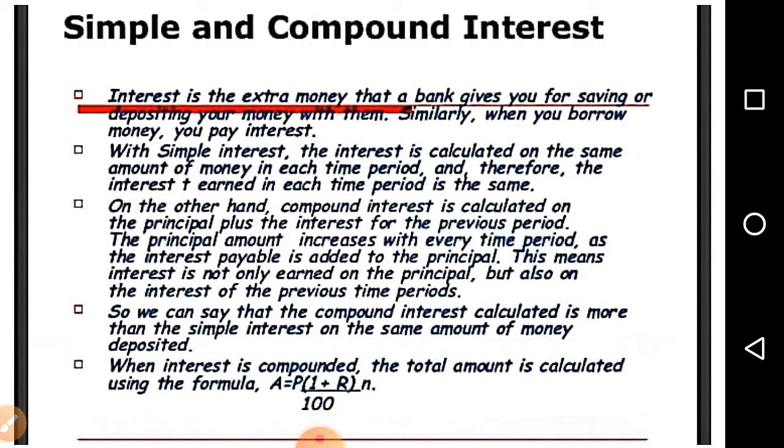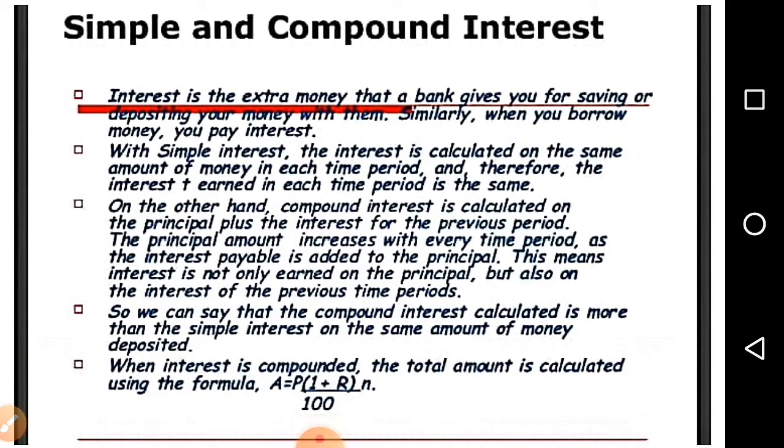So interest is the extra money that a bank gives you, or sometimes you have to pay interest, so it depends. Similarly, the bank gives you interest for saving or depositing your money with them. Similarly, when you borrow money you pay interest, so it depends on the question.